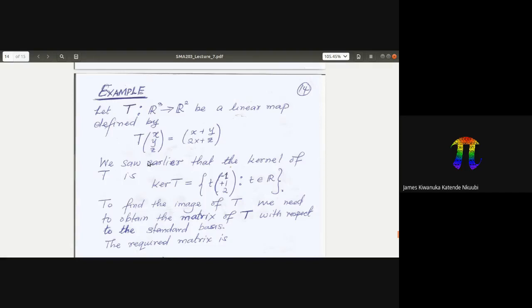Or if someone finds it earlier, you let me know. It's that matrix.